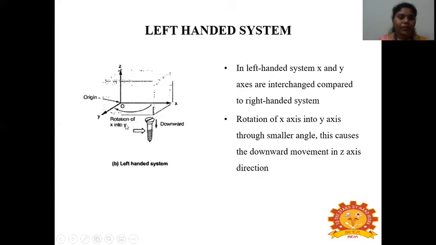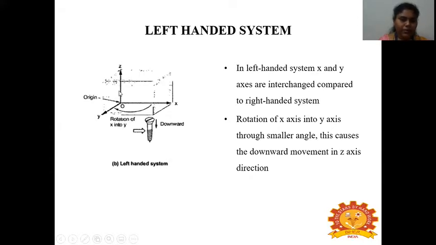Now we consider the rotation of the x-axis into the y-axis. This x-axis is going to be rotated towards the y-axis. Again, imagine a screw here. Now we are rotating in the clockwise direction. If we rotate in the clockwise direction, immediately the screw will get tightened.